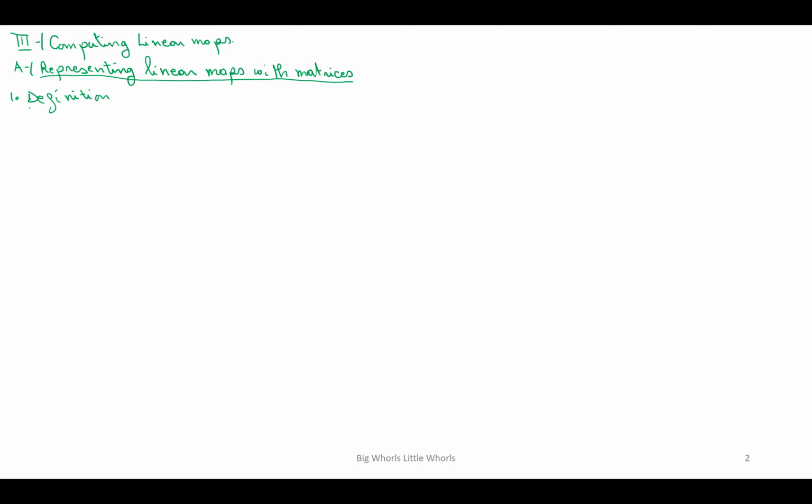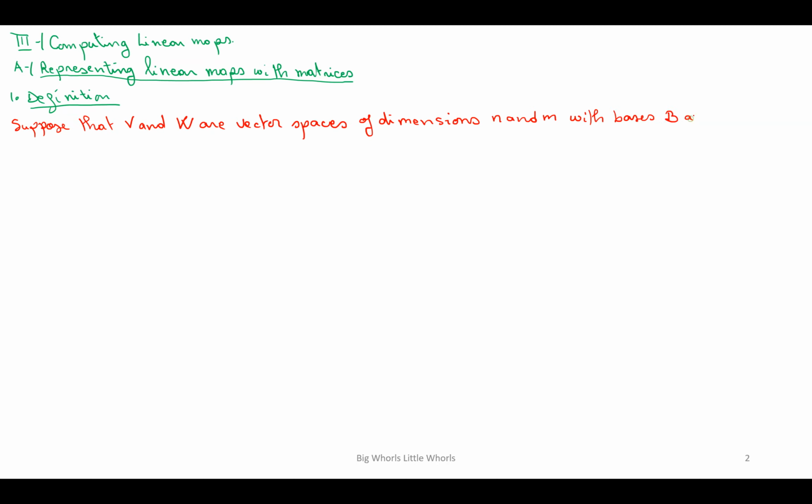We will suppose that V and W are vector spaces of dimensions n and m with bases B and D, respectively.